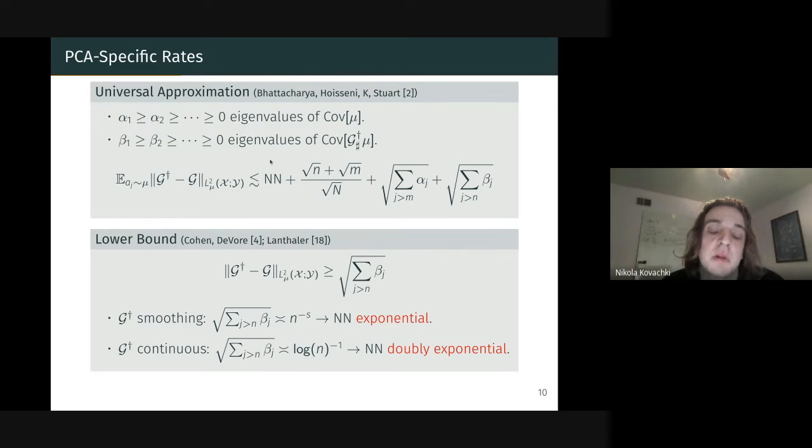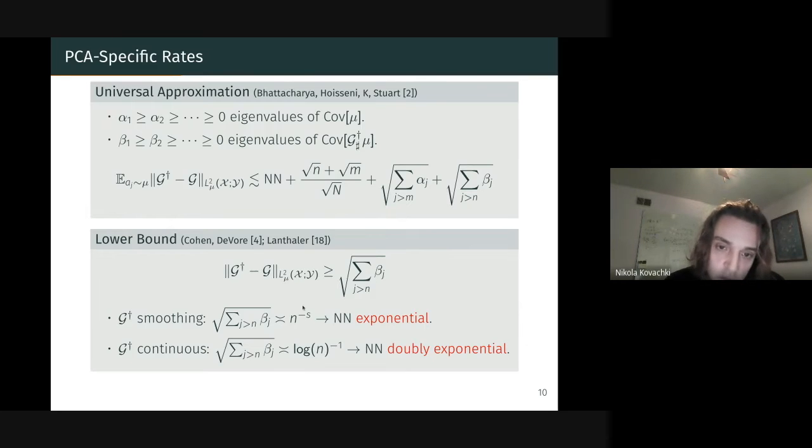So I need an exponentially large amount of finite dimensionalization, n, or an amount of basis functions that I'm projecting onto, to be able to approximate up to epsilon. And for just the generic G dagger, which is just continuous, that's the only assumption we make on this map, then things can be even worse. In fact, this tail end sum can go like 1 over log n, which means that this NN term here can be doubly exponential in n.